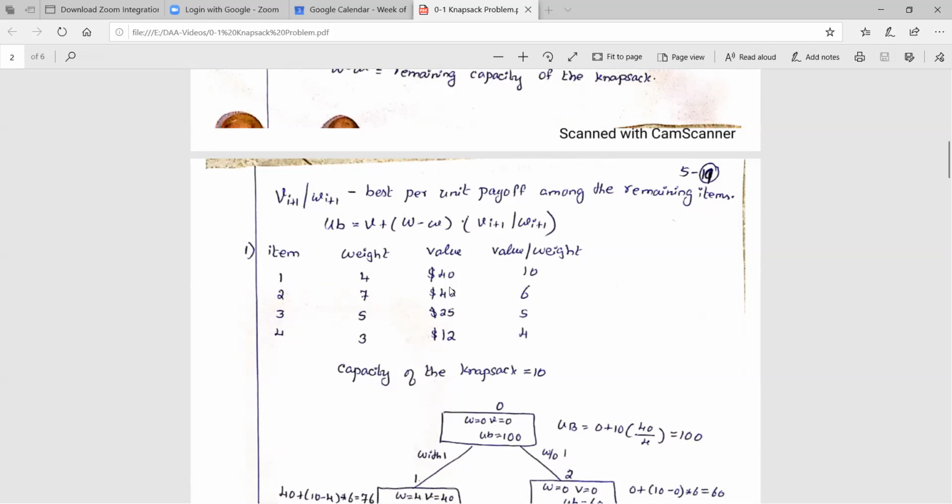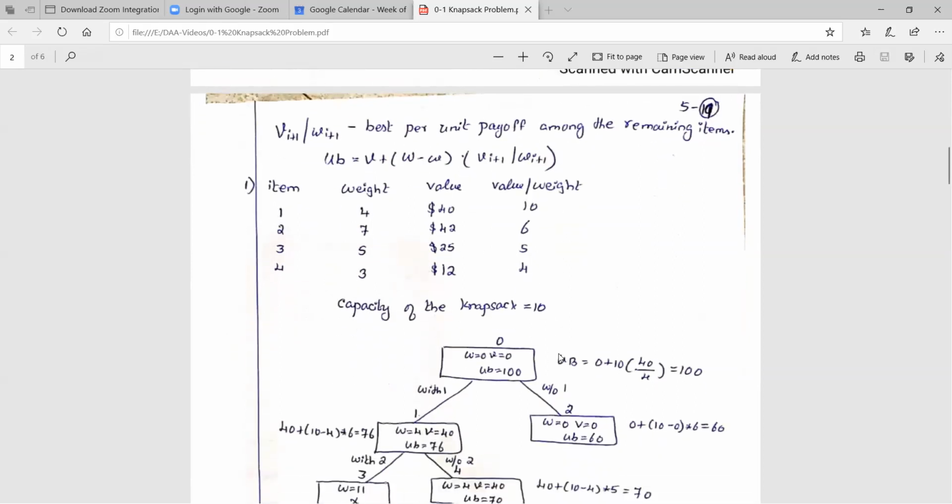The value by weight values 10, 6, 5 and 4 are already in decreasing order, so no need to change the sequence. The capacity of the knapsack is given as 10. Now we have to use the branch and bound technique to find the solution for the knapsack problem.